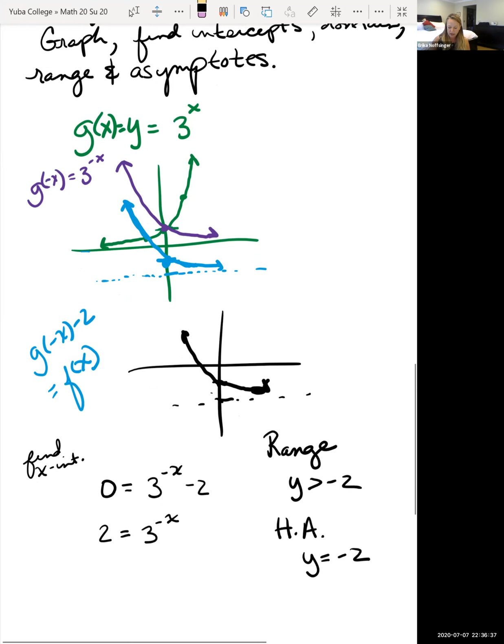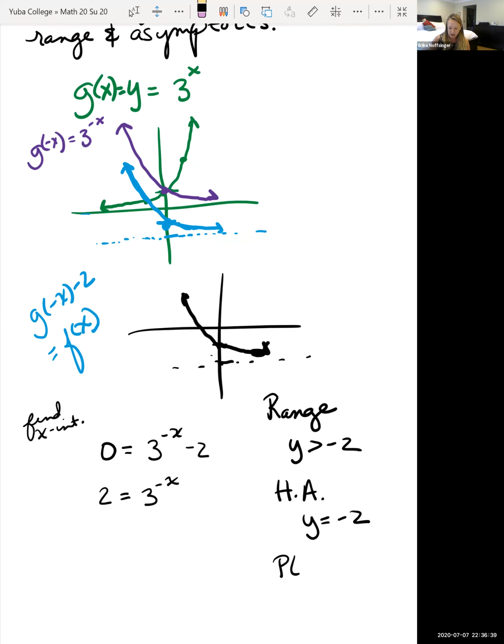And our point that was 0, 1 has transformed to 0, negative 1. That's what they wanted. They just want a y-intercept.